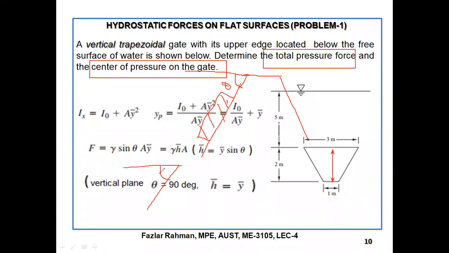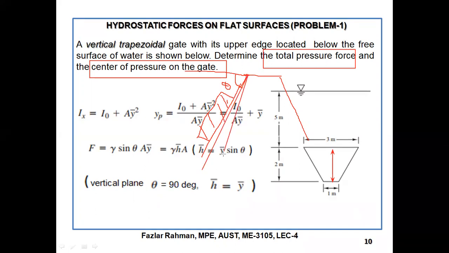If theta is gradually decreasing, becoming 0, that means this line gradually becomes horizontal, right? That means this plate will float horizontally in the water. But if theta is increasing, say 45 degrees, then 50, then it comes like that, right?